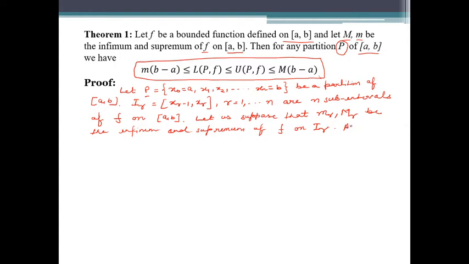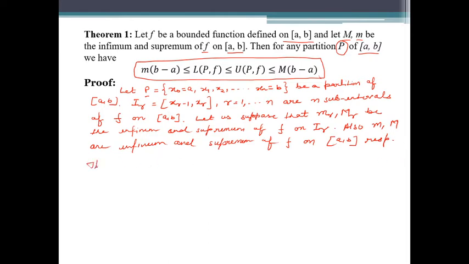Also capital M and small m are the supremum and infimum of f on the whole domain, that is the closed interval [a, b], respectively.